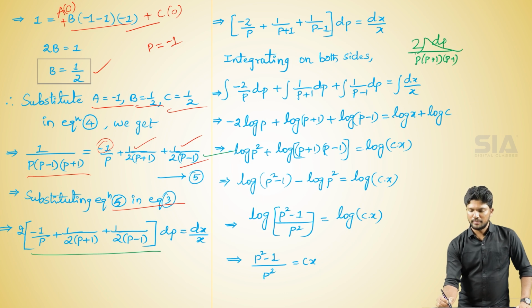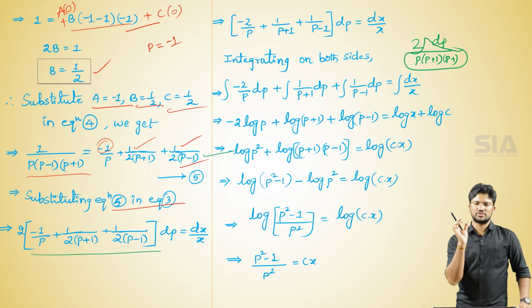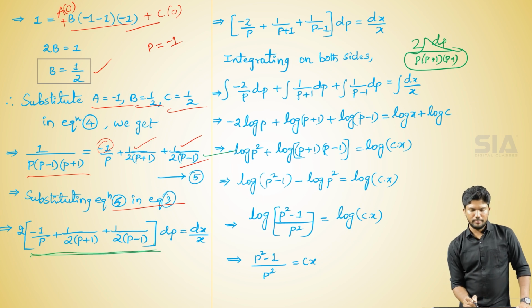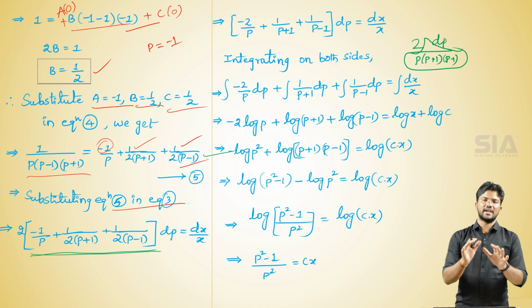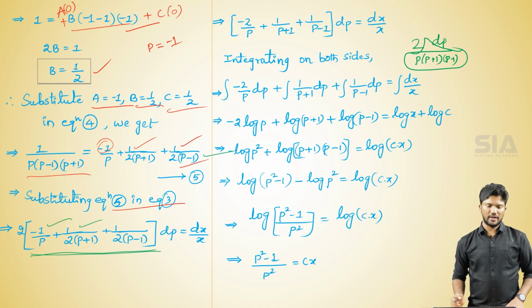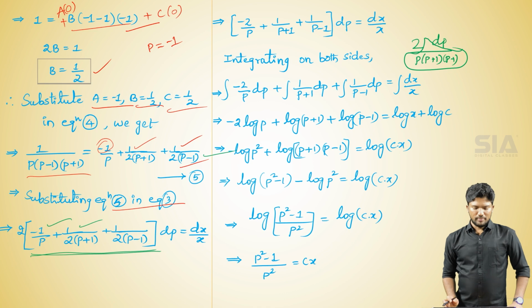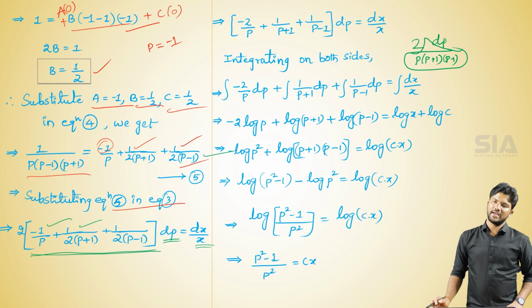In the LHS only we are substituting. 2 will be as it is, and in place of 1 by p into (p plus 1)(p minus 1), we are substituting the RHS of equation number 5: minus 1 by p plus 1 by 2 into (p plus 1) plus 1 by 2 into (p minus 1), dp as it is, equal to the RHS of equation 3, dx by x.